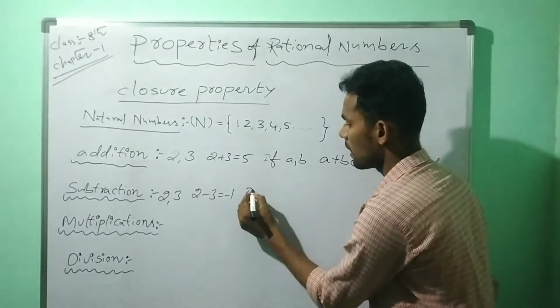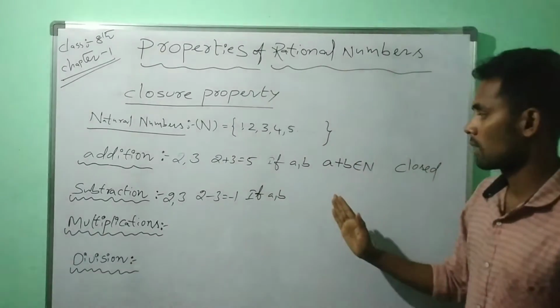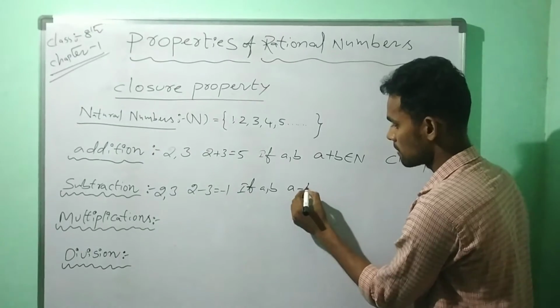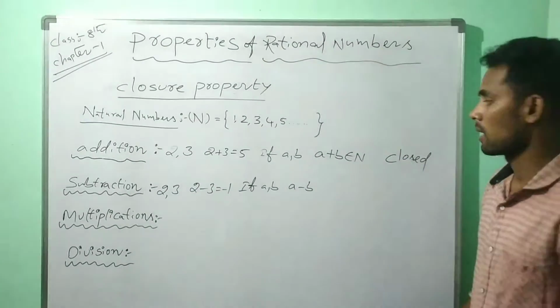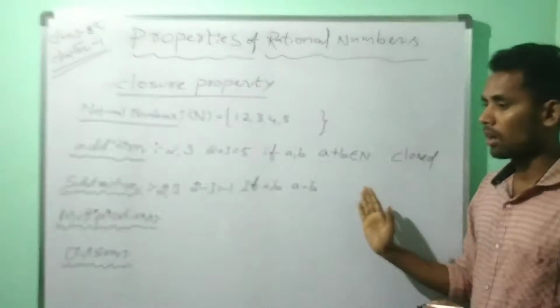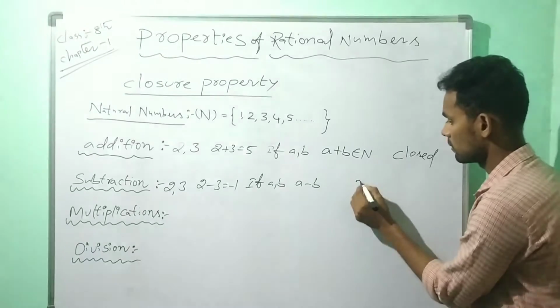If A and B are any two natural numbers, the difference A minus B is not a natural number. So natural numbers are not closed under subtraction.